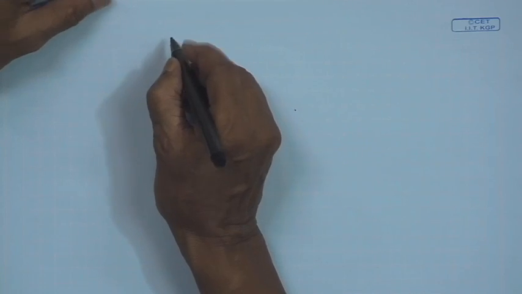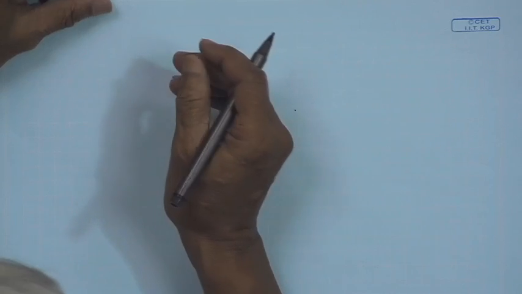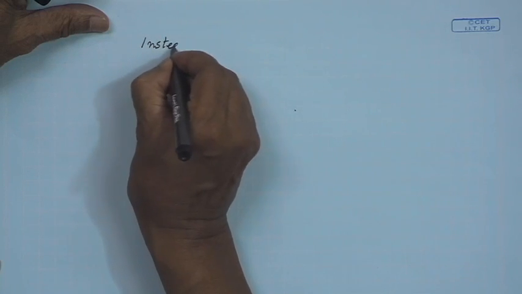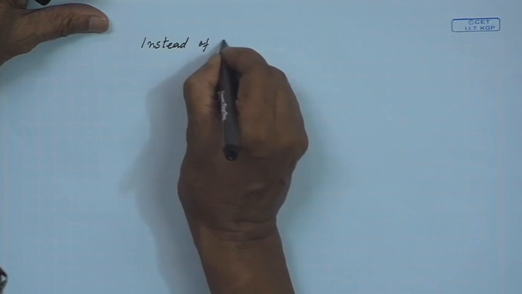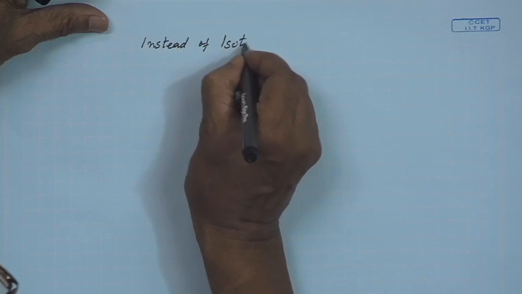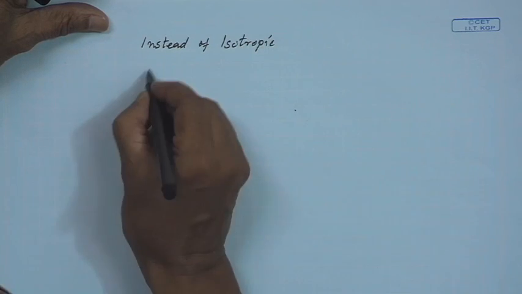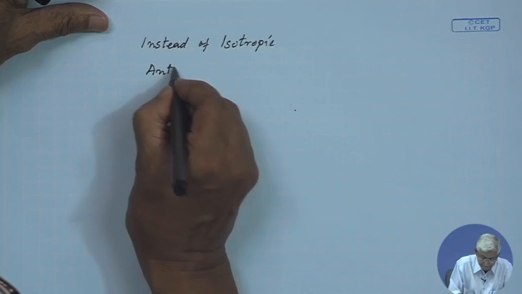Let us see that instead of isotropic, we have a focused radiation. Instead of isotropic, we have an antenna.